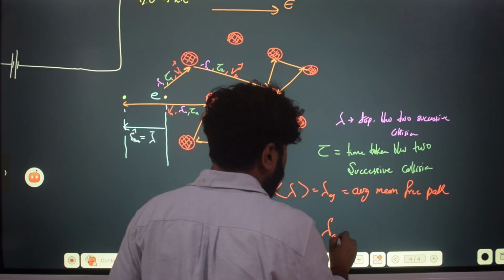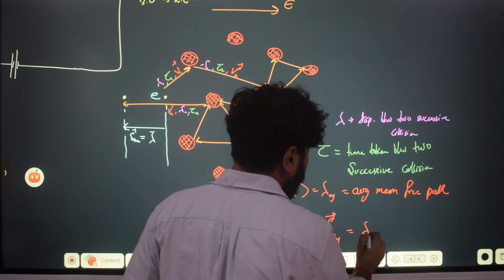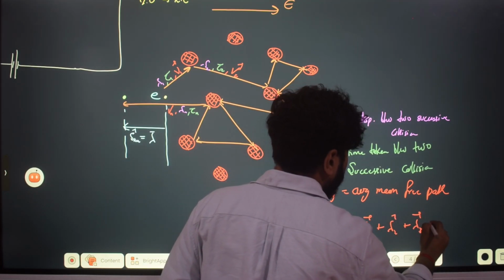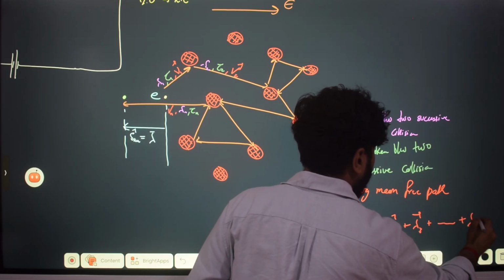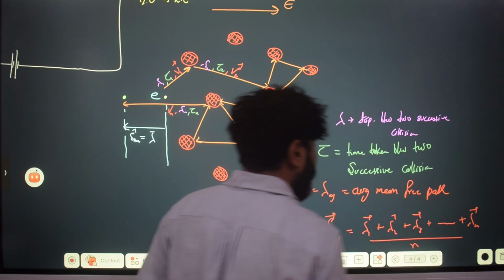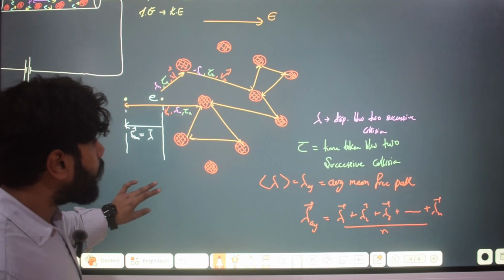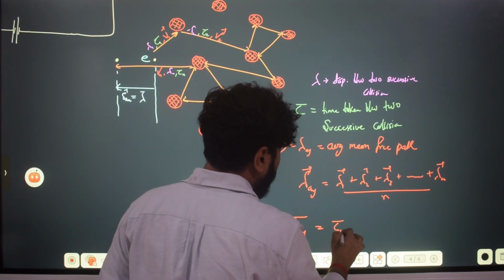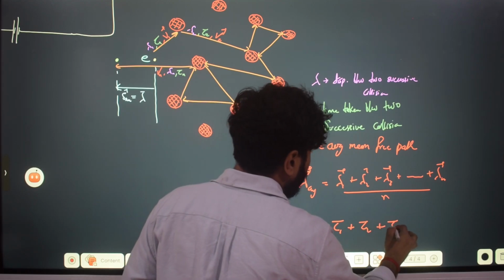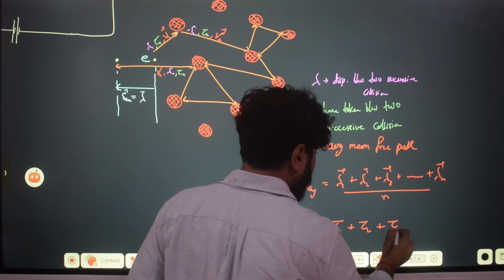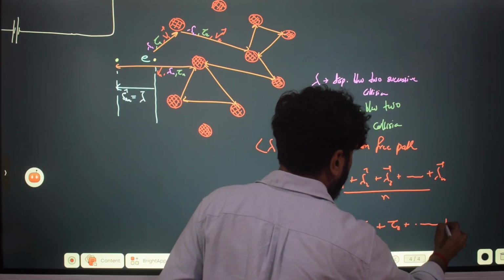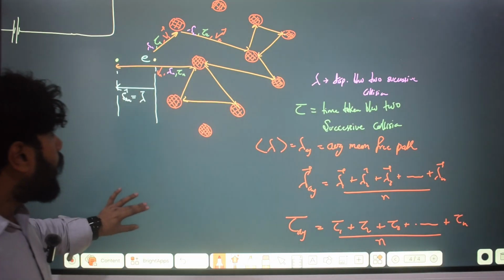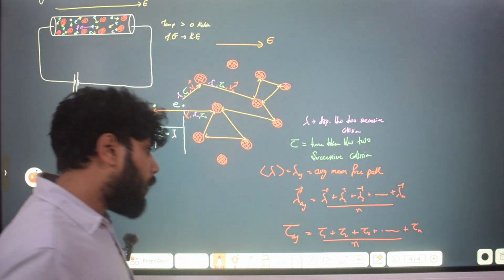So this will be our lambda 1, lambda 2, lambda 3 and lambda n over n. Right? Similarly, the average time taken between two collisions will be our tau average: tau 1, tau 2, tau 3 and tau n over n.